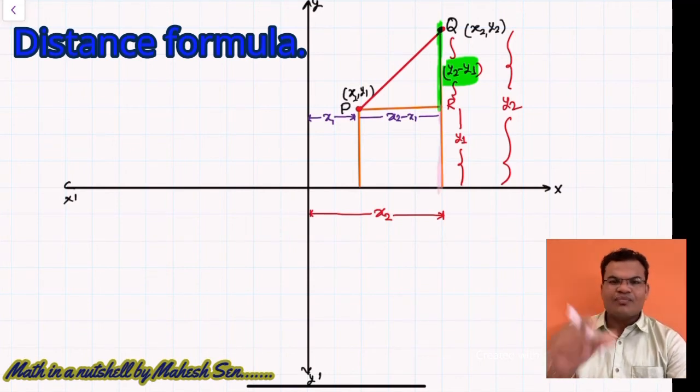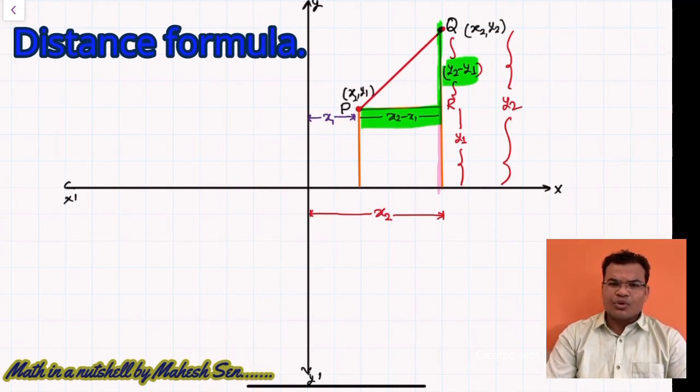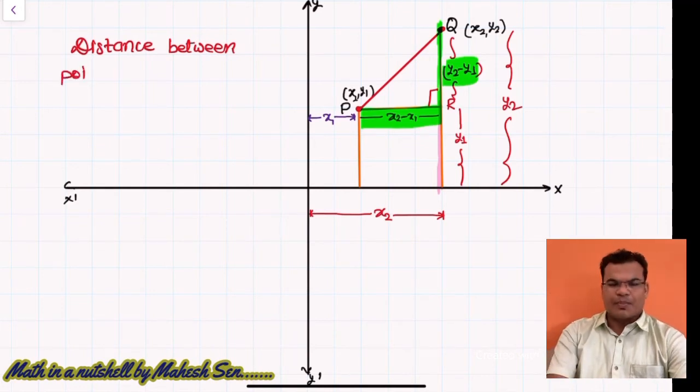This is the length of the line segment, and we know that this is the right angle triangle PQR, and we are finding the distance between P and Q. R is the 90-degree angle, so PQ will be the hypotenuse, PR is the base, and QR is the perpendicular.